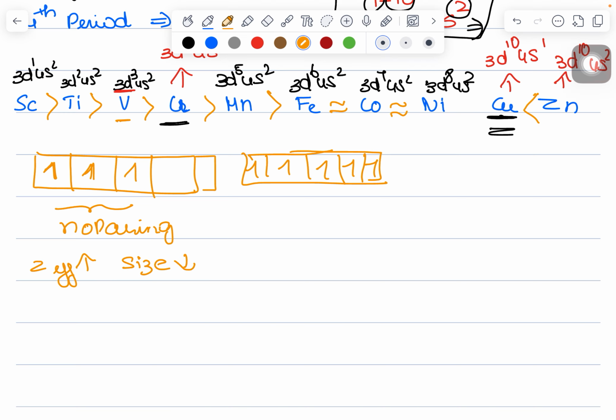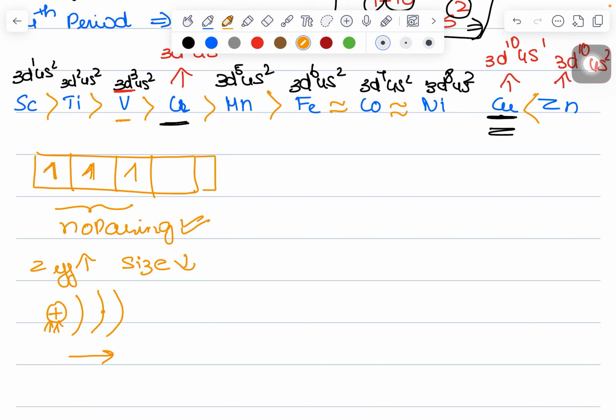There is no electron repulsion either. So along the period atomic number increases, and atomic radius decreases from scandium to manganese. Here there is a nucleus and we have electrons around it. As effective nuclear charge increases along the period, attraction takes place, and as there is no pairing, size decreases. Hope that is clear.